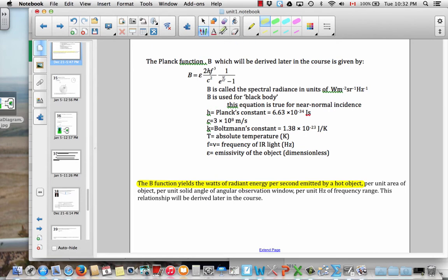Now, there's more than just per second. It's also per unit area, per unit solid angle, per unit hertz, and more on that in a second. But that's where the units come from. So it's watts per square meter steradian hertz. It's a rather unwieldy unit, if ever there was one.